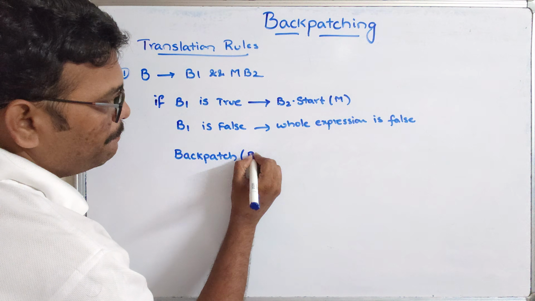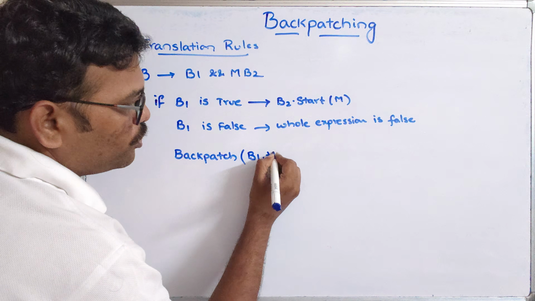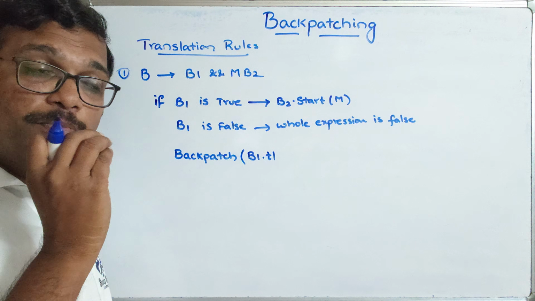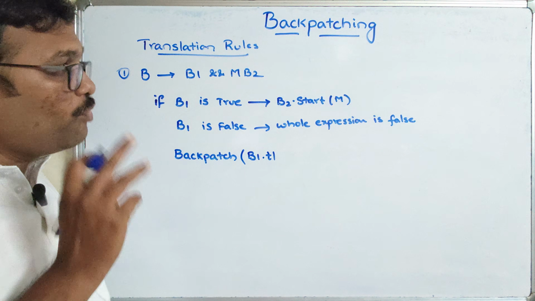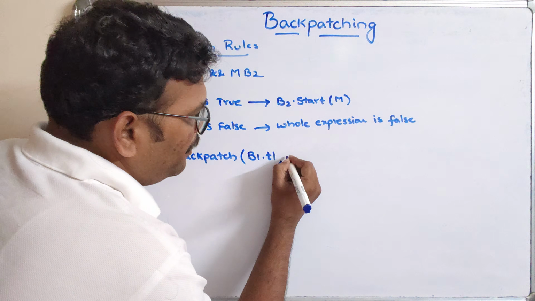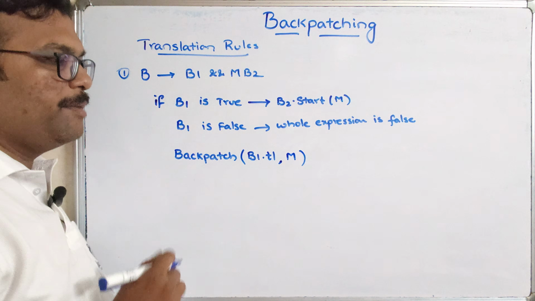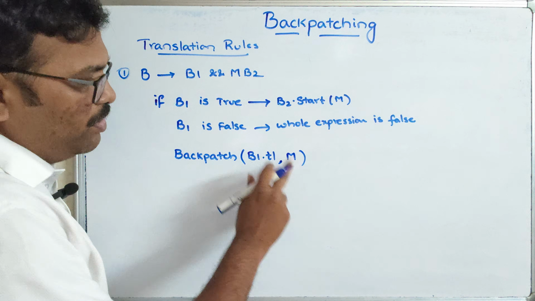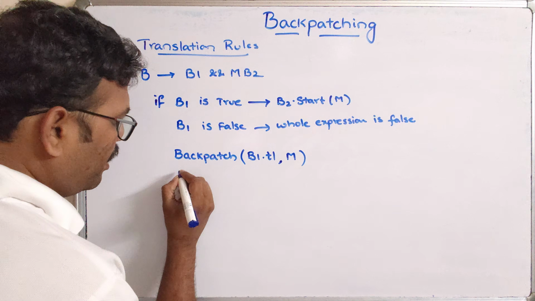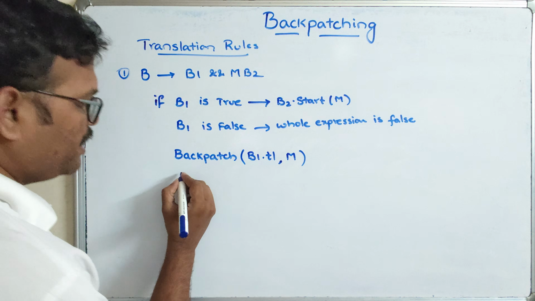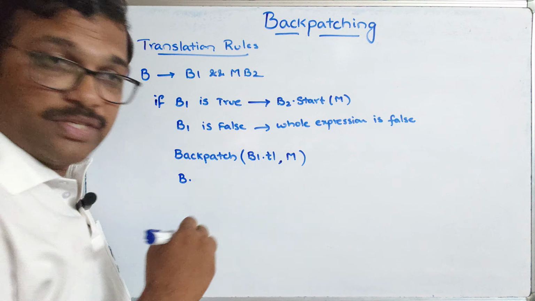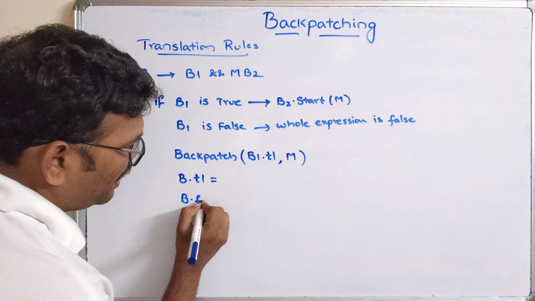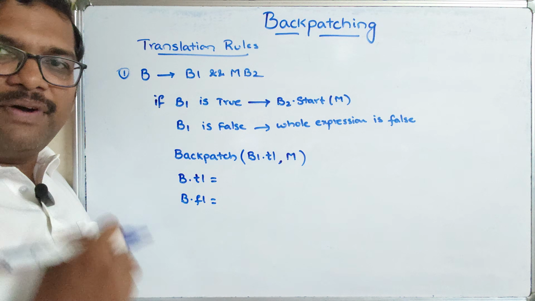If B1 dot true list, that means the Boolean expression B1 is true, then it starts M, that means M is the starting address of B2. And for every expression there will be two lists, as we have just seen, B dot true list and B dot false list.